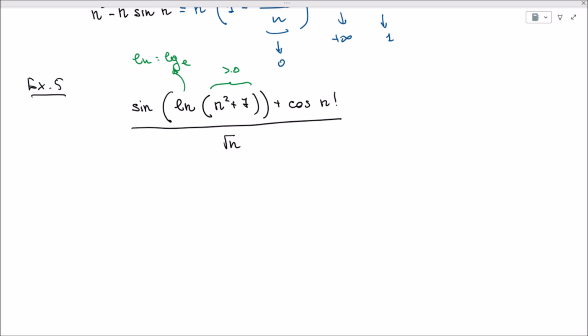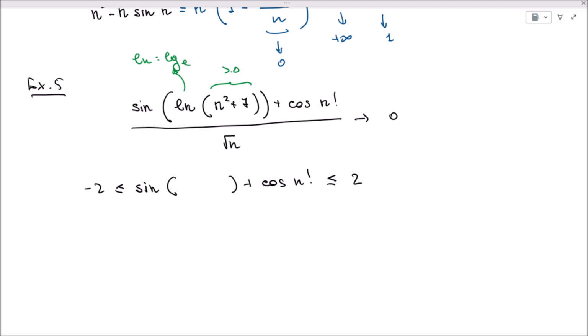Now we can immediately say that this will tend to 0. Why is that? Well, consider that on the numerator we have sine of something plus cosine of n factorial, but whatever happens, this cannot be less than minus 2 and cannot be larger than 2.